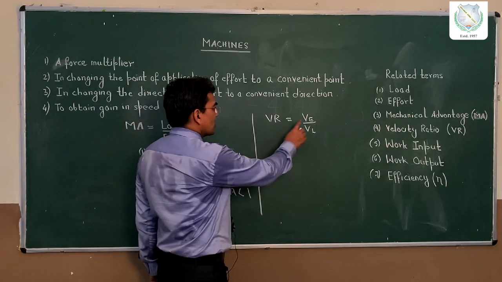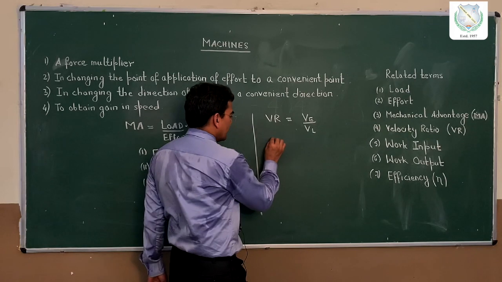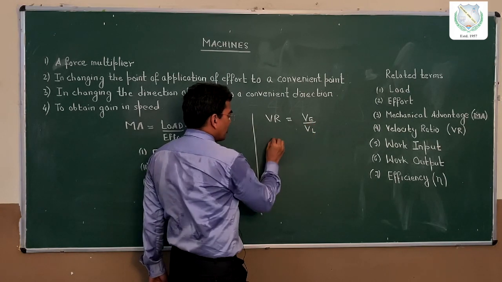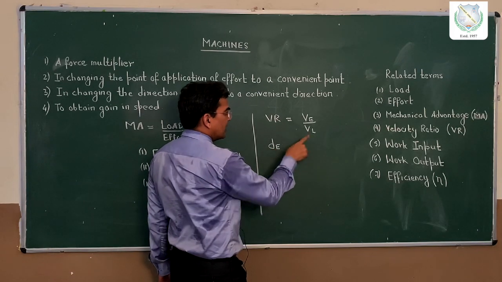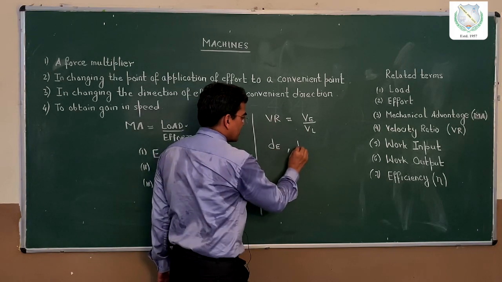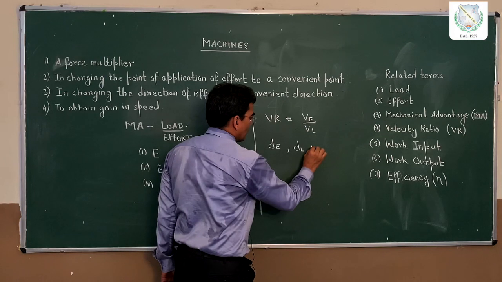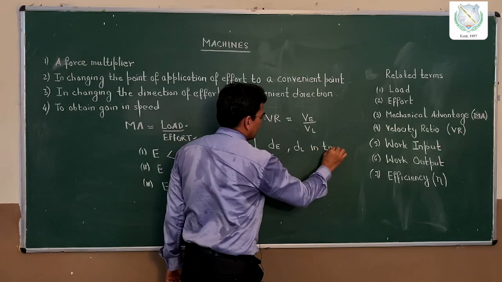Now suppose a machine is moving, the effort point of the machine is moving a distance dE and the load point is moving a distance dL in time t.